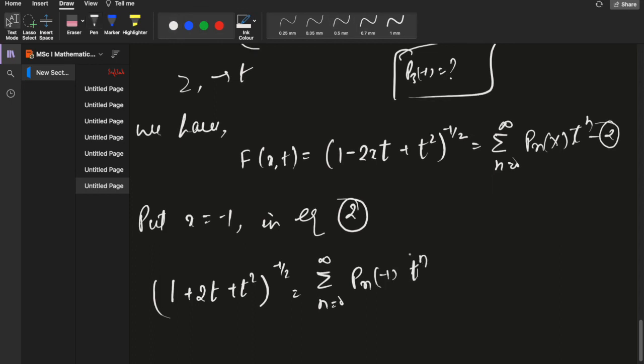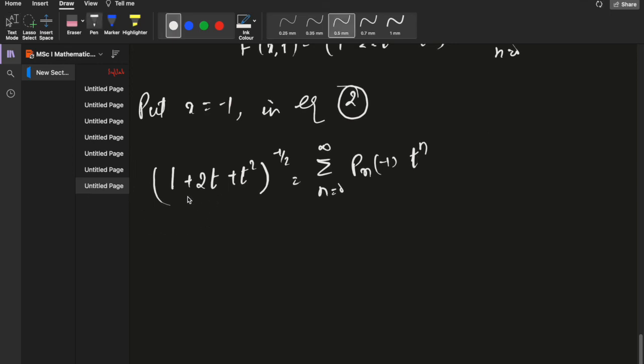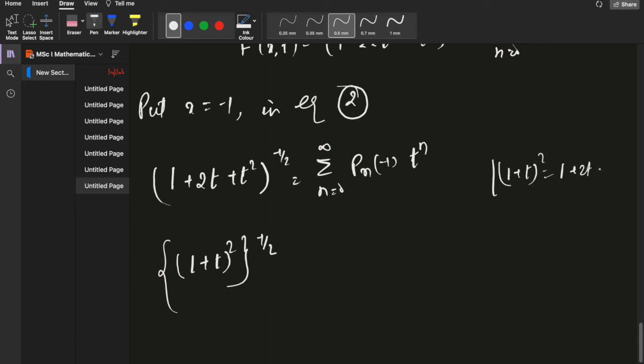Alright, just to simplify this, I can write this in a square form. So this must be what? 1 plus t whole square equals 1 plus 2t plus t square. So this is the same.